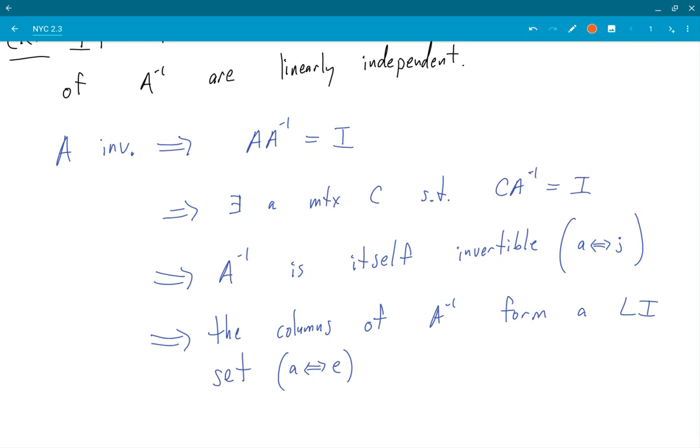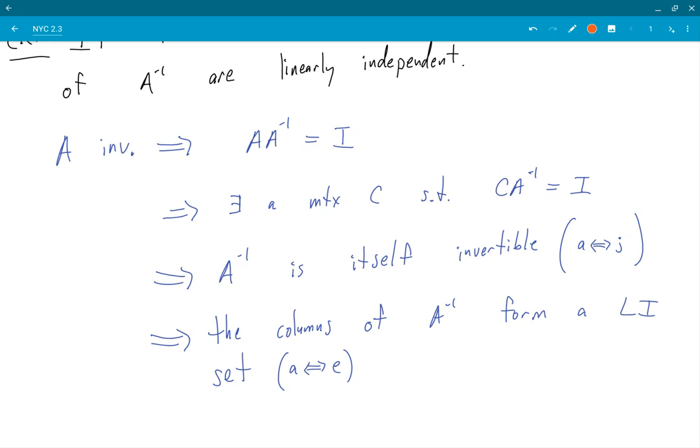A is invertible. So therefore, by definition, I have this equation. And just by renaming A, renaming it C, I get this equation.